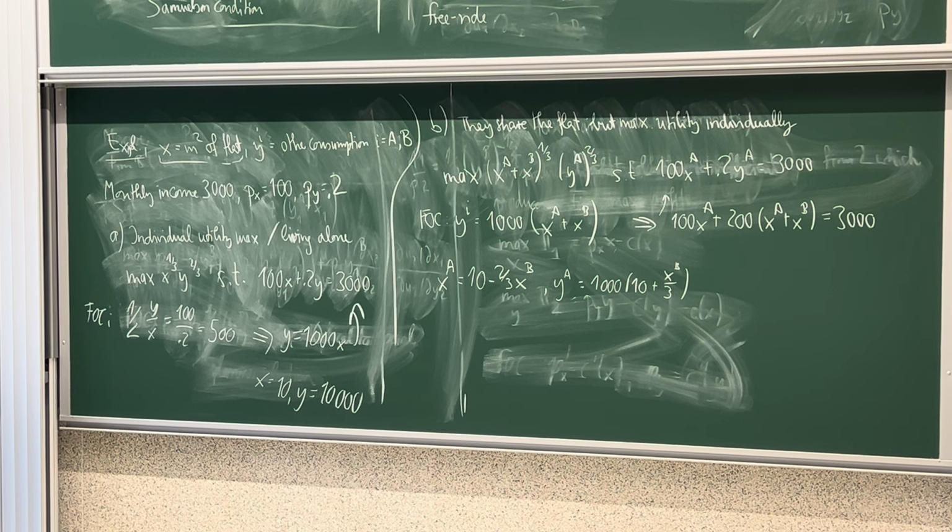And get XA is 10 minus 2/3, and here the XB comes in. And instead of XB I put this here, 10 minus 2/3 XA. You solve. 5/9 XA.